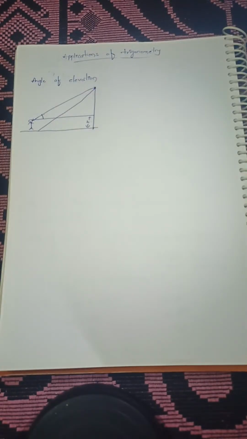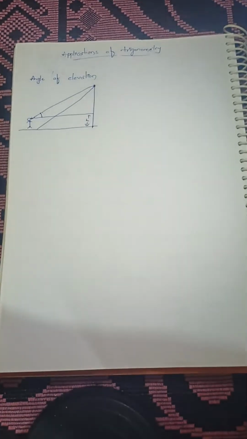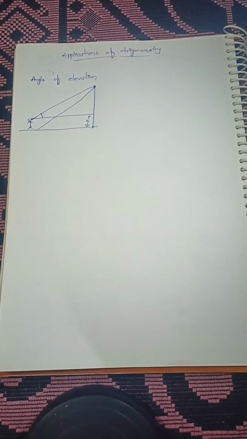Let's see what are the definitions. The angle of elevation is formed when we look towards the top of an object above the ground. Simple method: if you are standing on the ground level and you want to find out anything above the ground level, that is called angle of elevation.